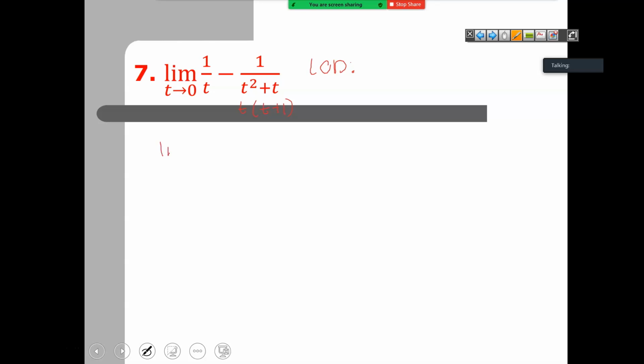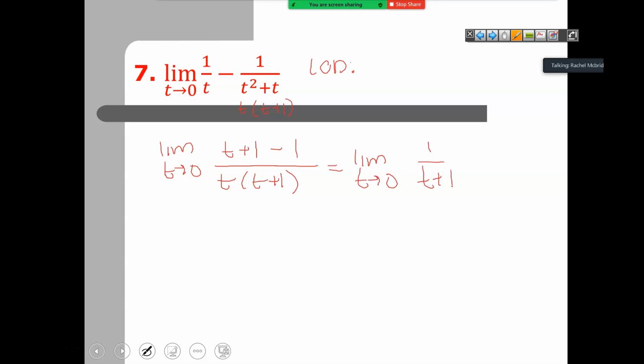So you would get the limit as t approaches 0 of t plus 1 minus 1 over t times t plus 1. Yep, so the 1's cancel, the t's cancel, and this becomes the limit as t approaches 0 of 1 over t plus 1. Plug in your 0. And you get 1.